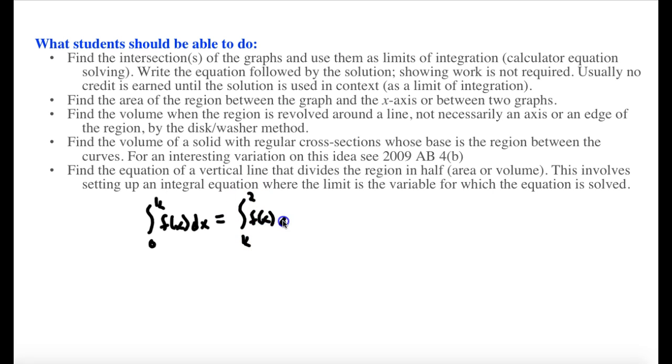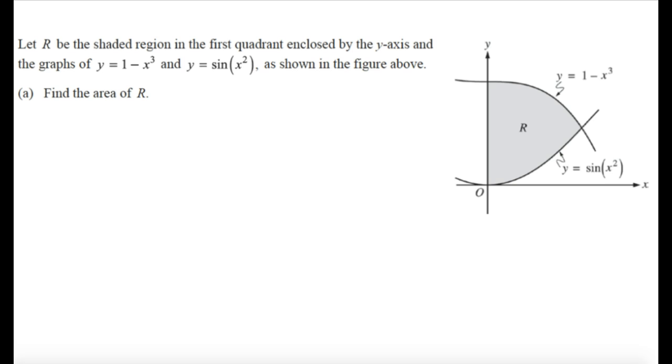Setting up some integral like that where we want the areas to be equal, and we're stopping at the same point that we're starting for our other integral. All right, so let's take a look at a few examples.